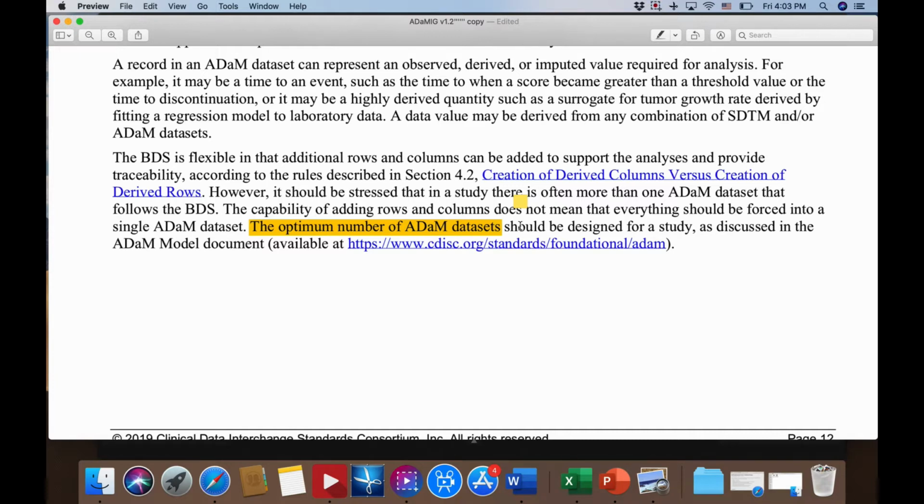If you need more datasets, that's okay. It's easier for both programming and FDA review. They also want simple datasets, not complex. We don't want the structure to be mixed too much.